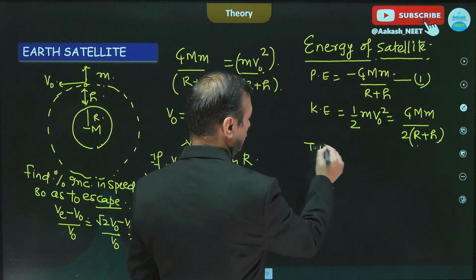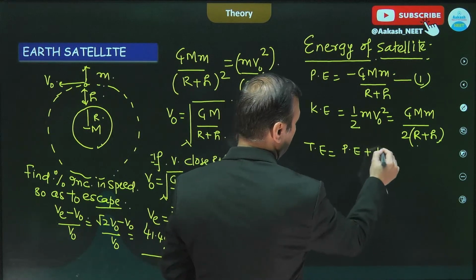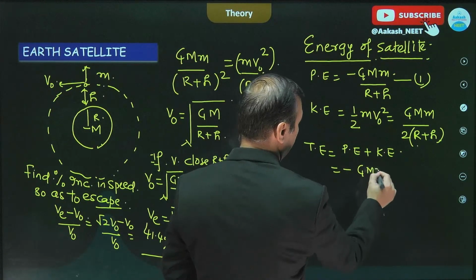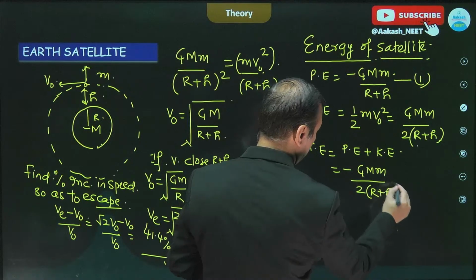What is the total energy? Total energy is potential plus kinetic, and that gives me minus GMm upon 2 times (R plus h).